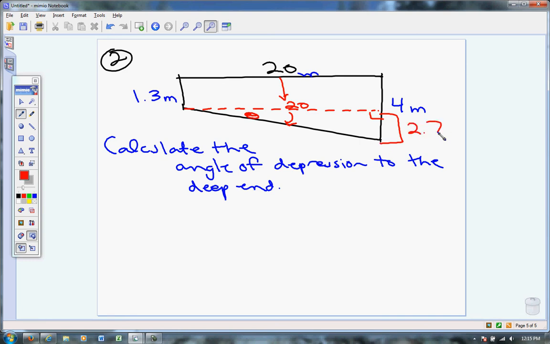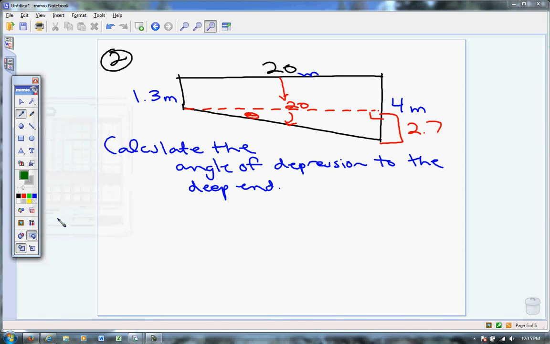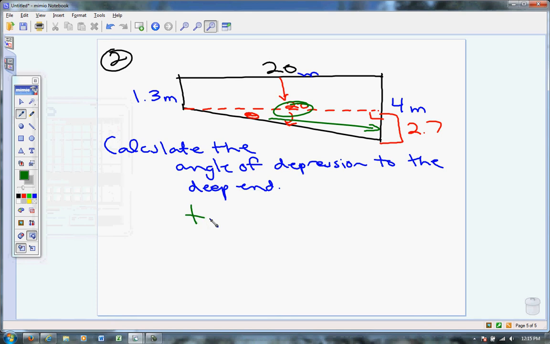So looking at what I have, with trig word problems, you need to have two of the three. What do I mean by two of the three? Well, in this case, since I have the opposite and adjacent side, I'm going to use the tangent of theta equals opposite over adjacent.